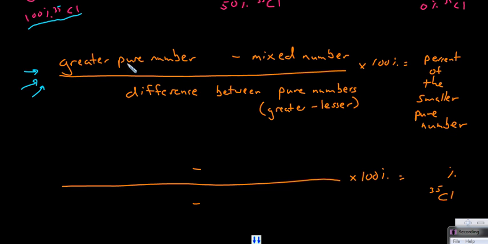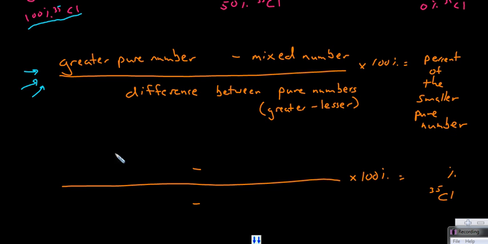You want to take the greater pure number, subtract the mixed number, and then divide by the difference between the pure numbers, all multiplied by 100%. So this applies not just to isotopes, but to percent of one compound versus another within a mixture. And we'll see a lot of this in the rest of chapter 3. Now, all of this gives us the percent of the smaller pure number.